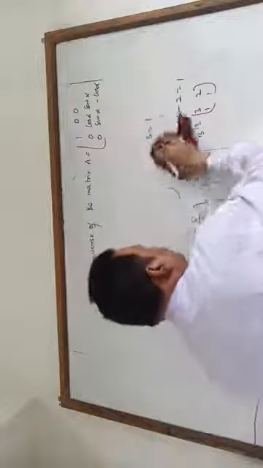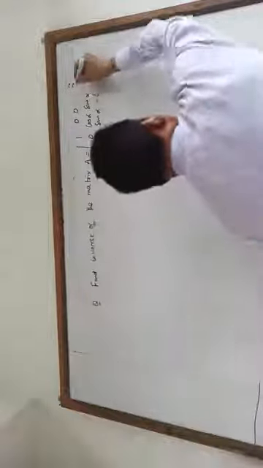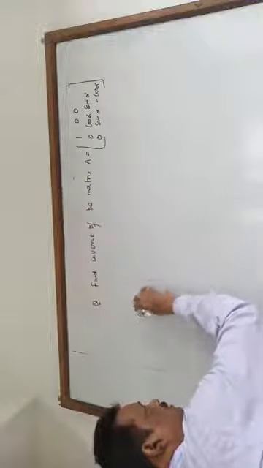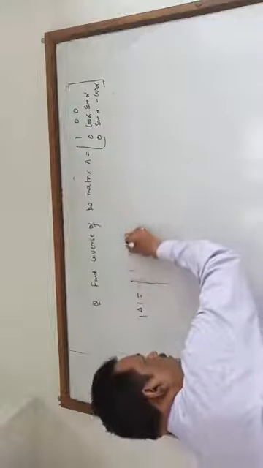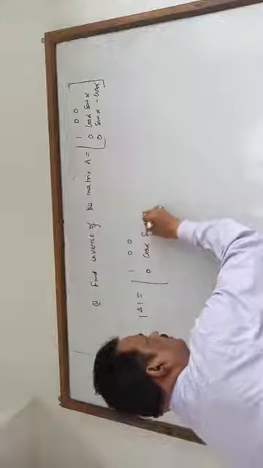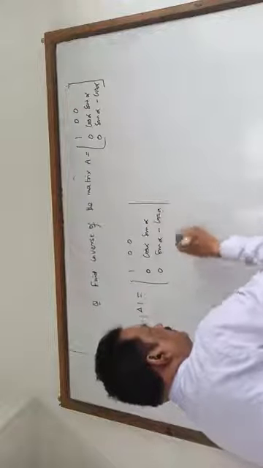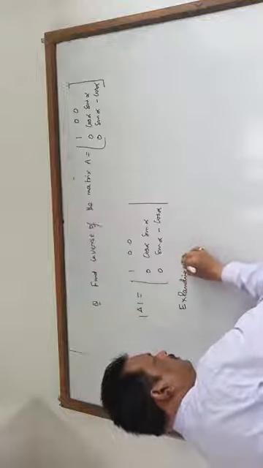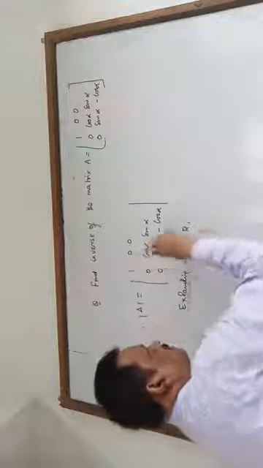So what you have to do is first find its determinant, because it is a 3 by 3 matrix. It is 1 0 0, 0 cos alpha sin alpha, 0 sin alpha minus cos alpha. So expanding along row 1, because zeros you are finding.